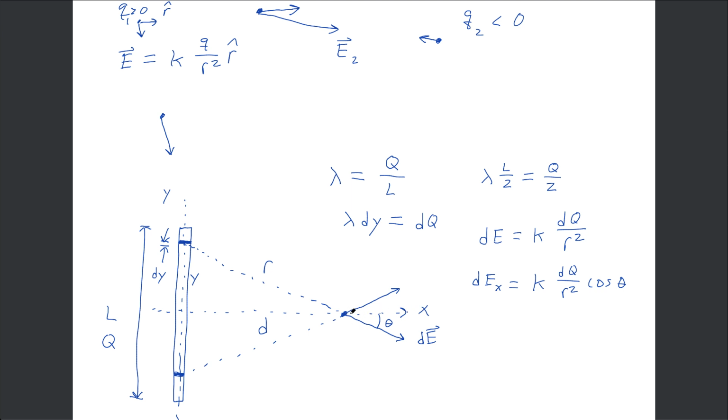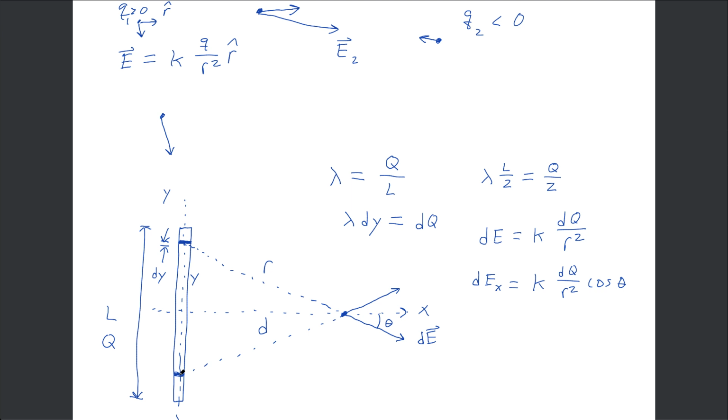So thinking about symmetry allows us to say we don't even need to worry about calculating dEy. We don't even have to worry about coming up with an equation for the y components of this electric field vector, because we know that once we consider all the different points on this line, there will be opposite points whose y components cancel out. And so we know that will happen.